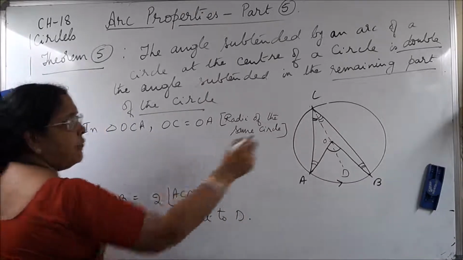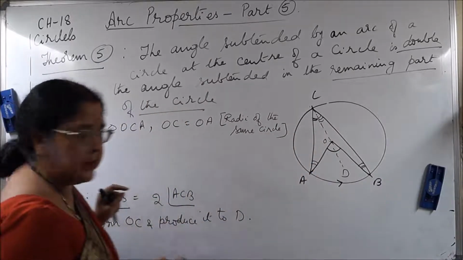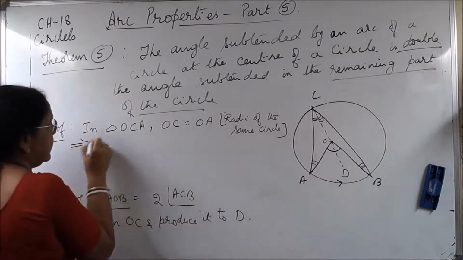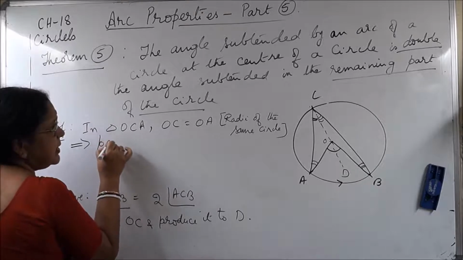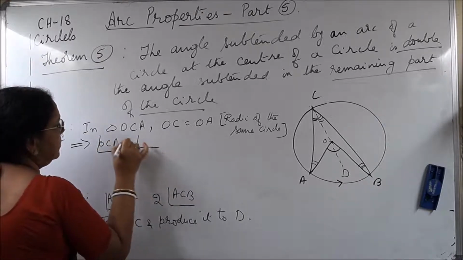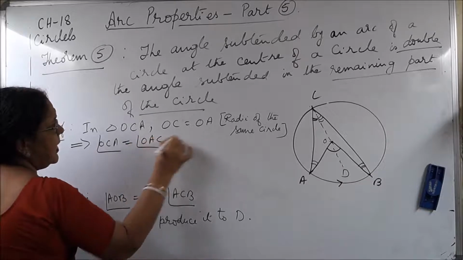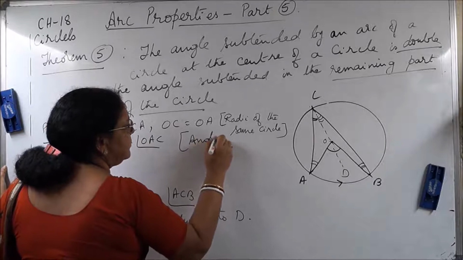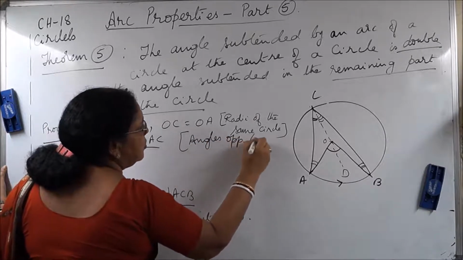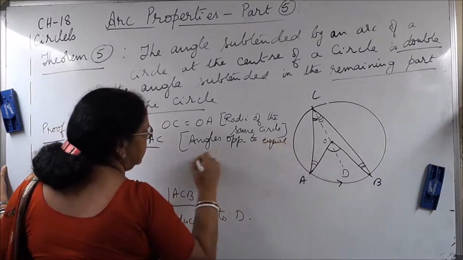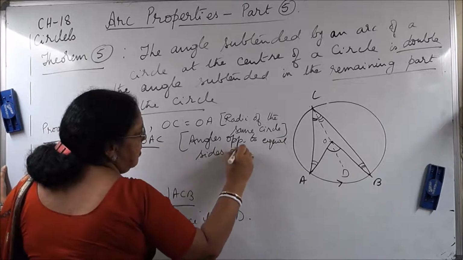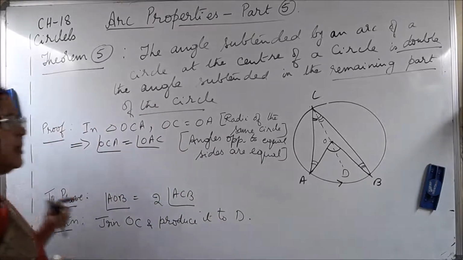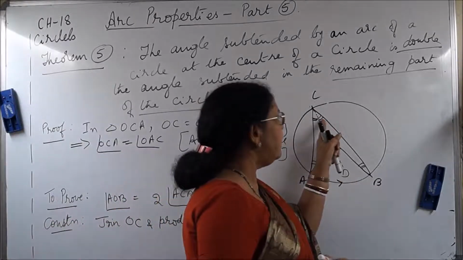So therefore, what type of triangle it is? Isosceles triangle. So that means angles opposite to equal sides will be equal. So this implies angle OCA is equal to angle OAC, these two. What is the reason? Angles opposite to equal sides are equal, right?